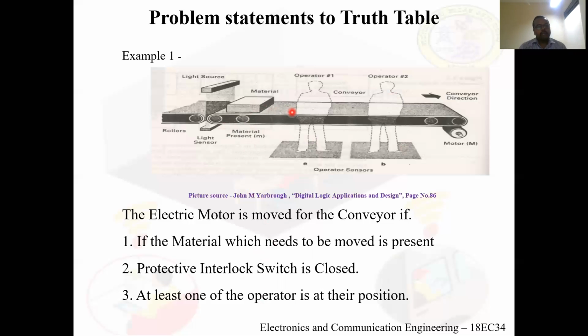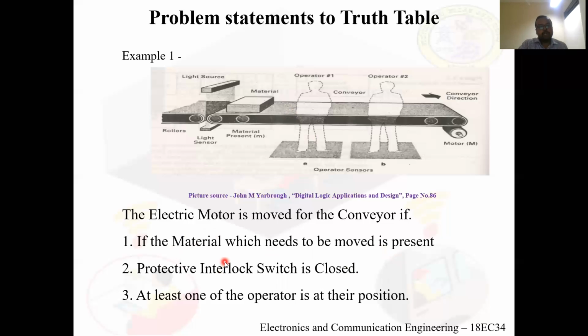Everyone understood the problem statement here? What are the conditions we have? The condition is for turning on the electric motor. When to turn it on, and when to turn it off? What are the conditions for turning on the electric motor?